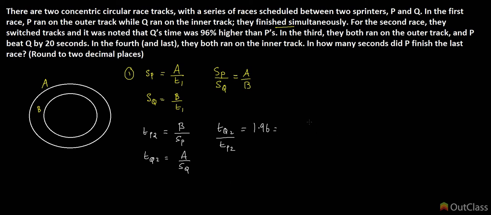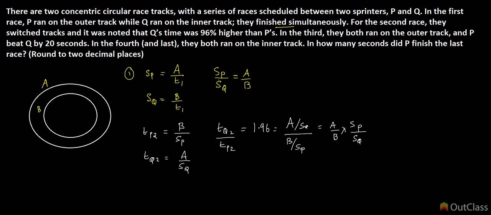It's basically TQ2 will be A by SQ. I'll write it as a compound fraction. A by SQ divided by TP2, which is B by SP. This will become A by B into SP by SQ. Denominator of the denominator will go to the numerator.